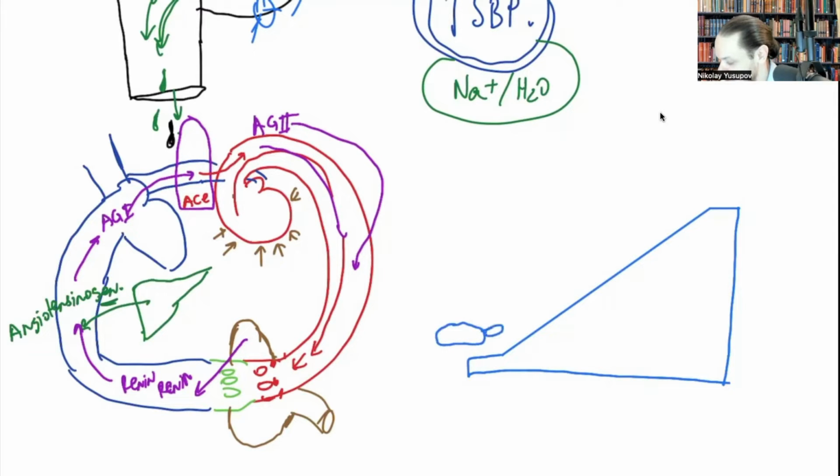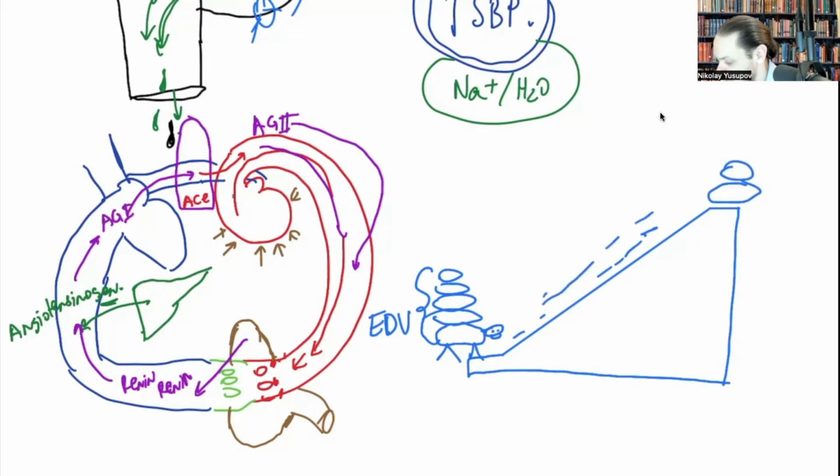This is the head, legs, and it's carrying the blood. So this is your end diastolic volume. And it's going to carry it up this cliff, and it's going to leave half of it here, and then it's going to return back.